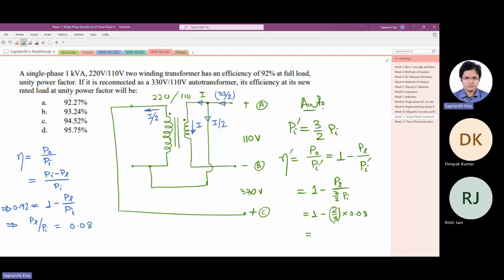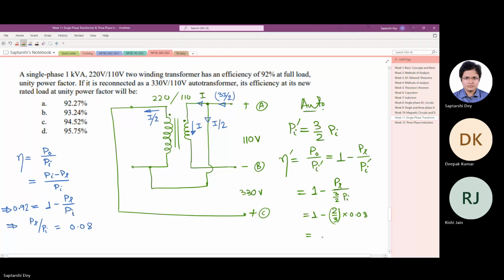If you do this, you will get 94.67%, which is close to this.